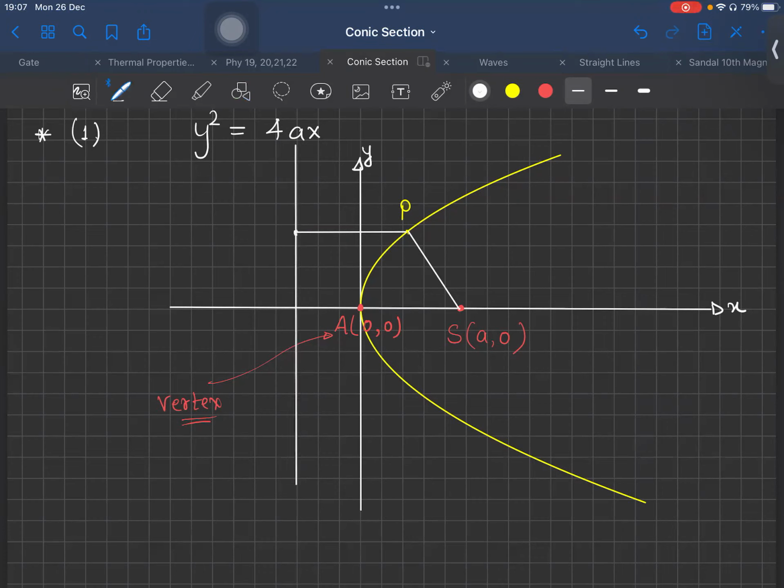Let's say this is M. This line is called the directrix, and this should be 90 degrees. So PS is equal to PM.